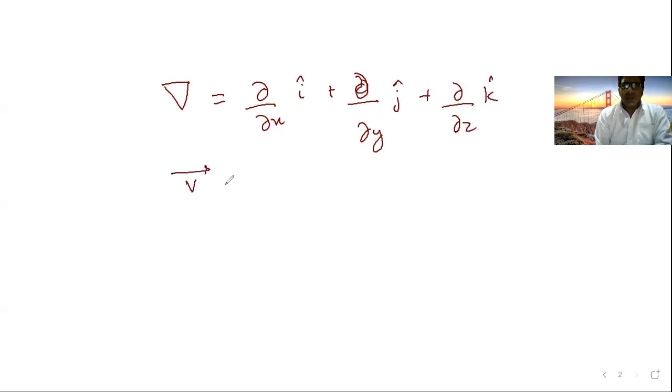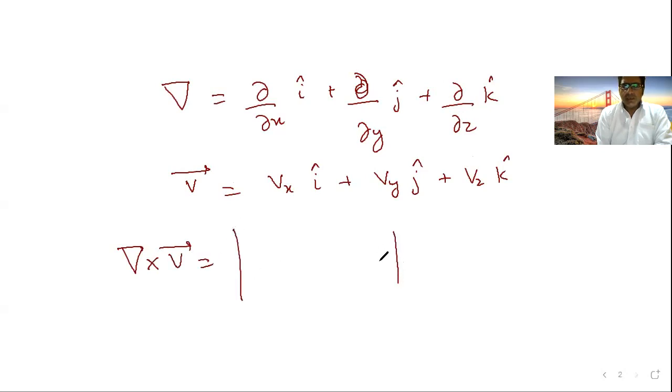Now if I have some vector field v with components vx i cap plus vy j cap plus vz k cap, then the curl del cross v you can evaluate using this determinant: i, j, k; ∂/∂x, ∂/∂y, ∂/∂z; vx, vy, vz.